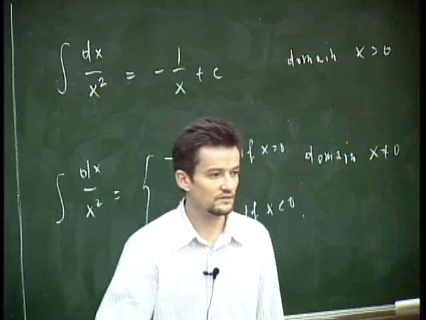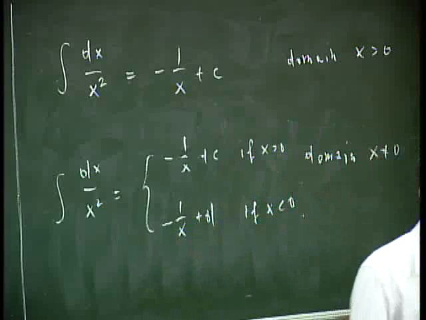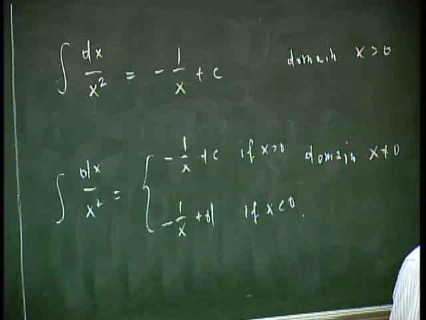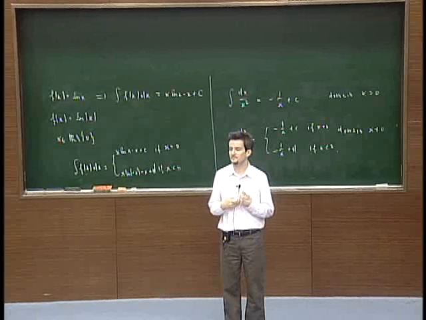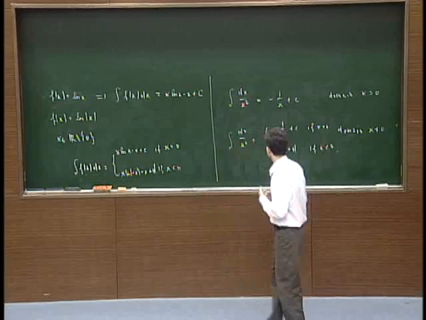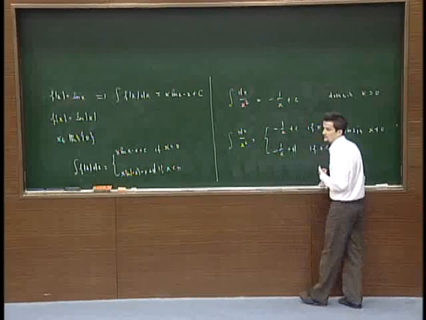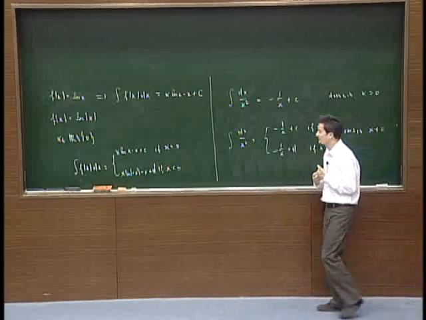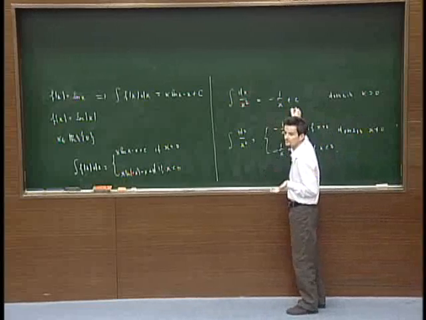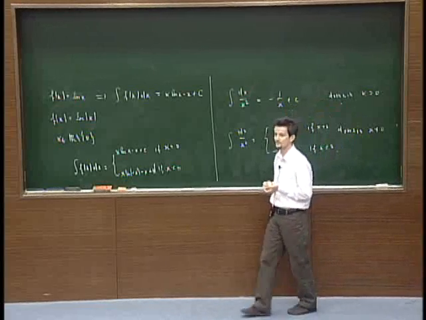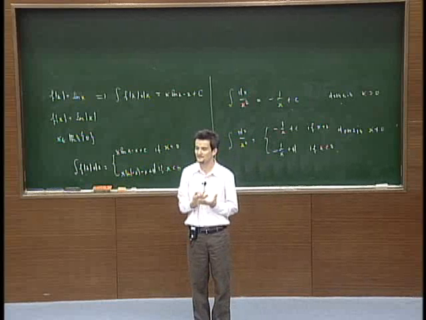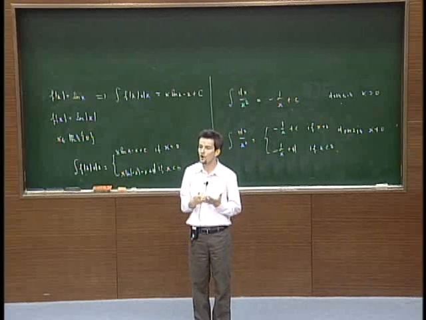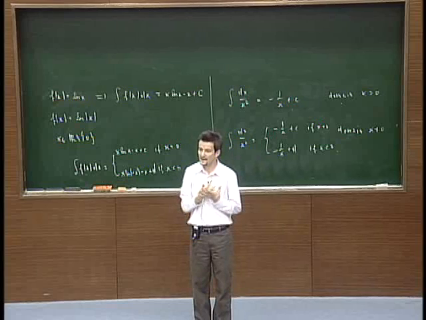In the homework problems, we had one problem of a function, I don't remember which, that was not defined at x equal to 0. So you have essentially the same situation, and for the answer you can give this answer, but you have to tell me what the domain is, because it depends on the domain. You should recognize that the question of finding all antiderivatives depends on the domain.